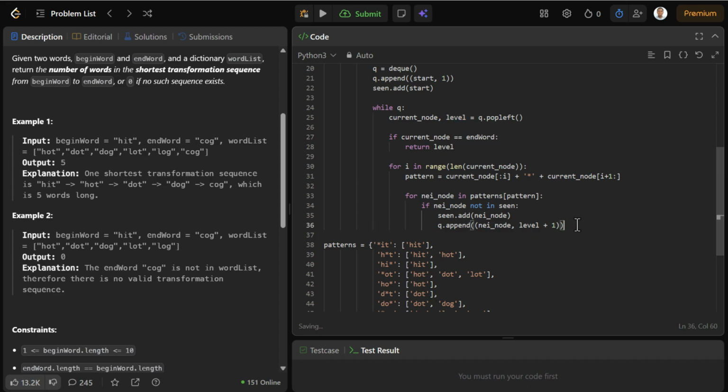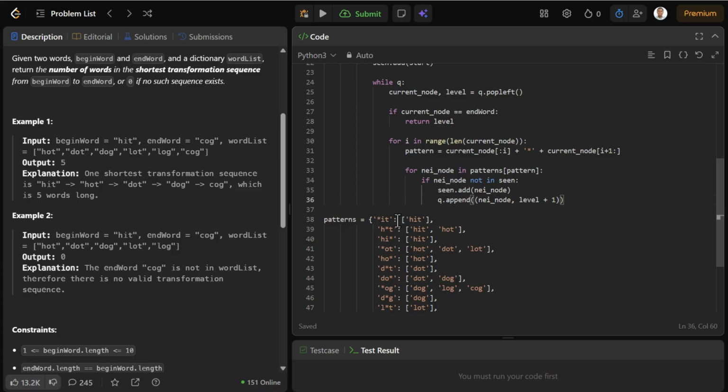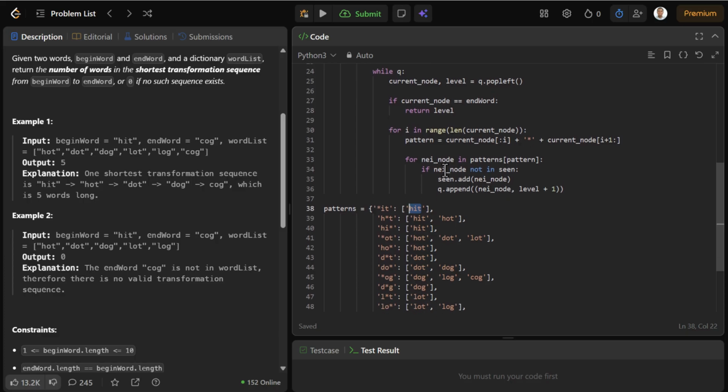So what is this doing? Let's take for example that we are starting from this pattern here. What would this process for neighbor node in this particular pattern? This is going to be the only neighbor node, which is HIT, which was already added to seen. Since it was already added to seen, it's going to stop.